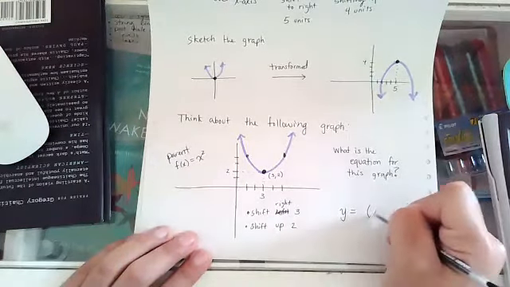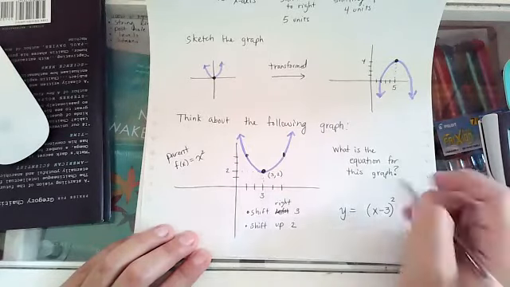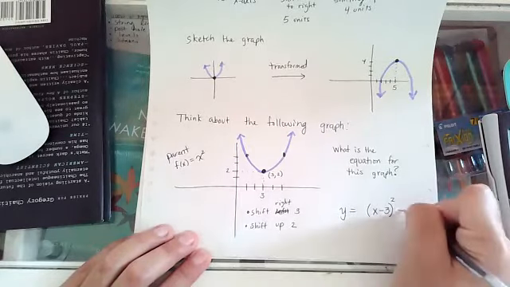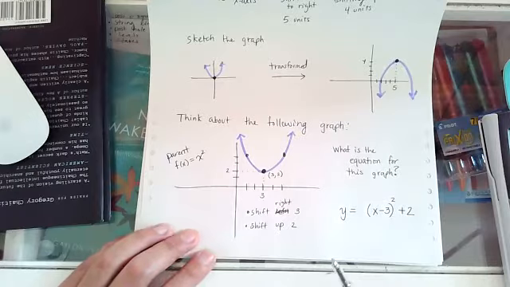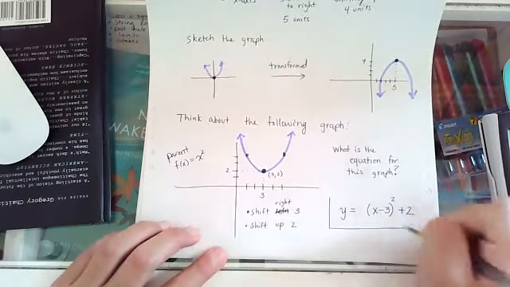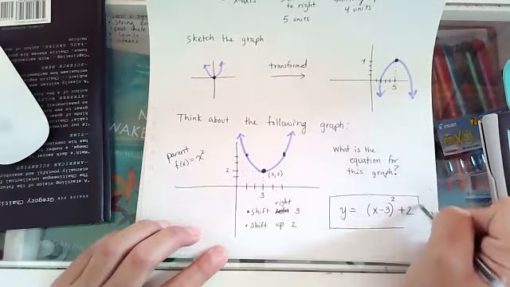And we want to move this guy over to the right 3 to get to this point. But then we also want to shift up 2 to get to this point. So we're going to add 2 to the outside. So if we can list these transformations that we know visually have been applied to the graph of the parent function, then we can start to interpret or infer that this has to be the equation that goes with this graph.